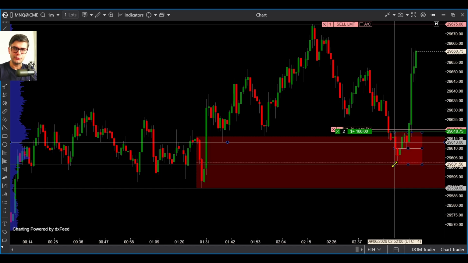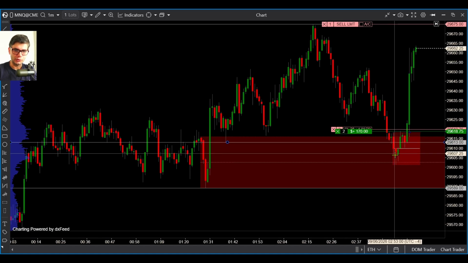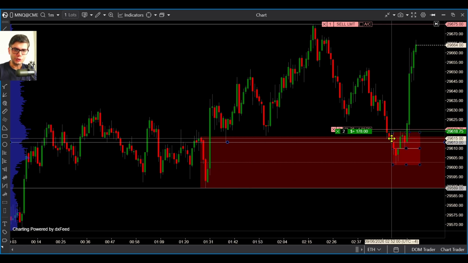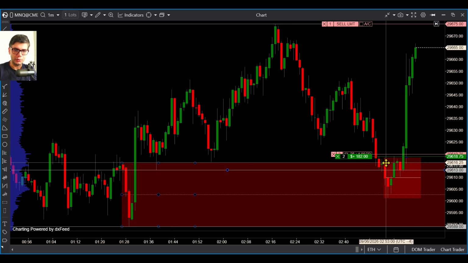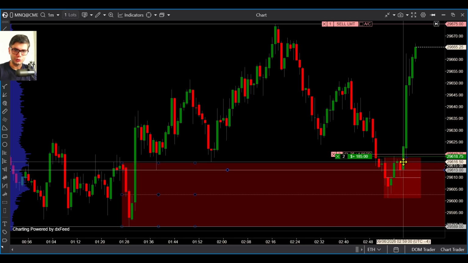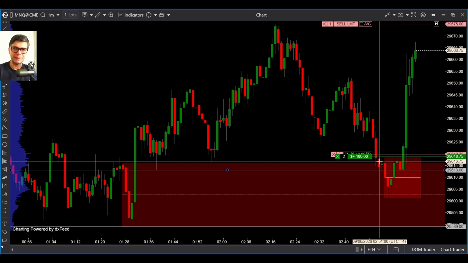The institution footprint tells me if the price wants to go down and hunt the stops below these levels, it should not exceed this small bullish candle, because if the buyers in this small area are trapped, the price should not go beyond it. If it does, they might exit the market.